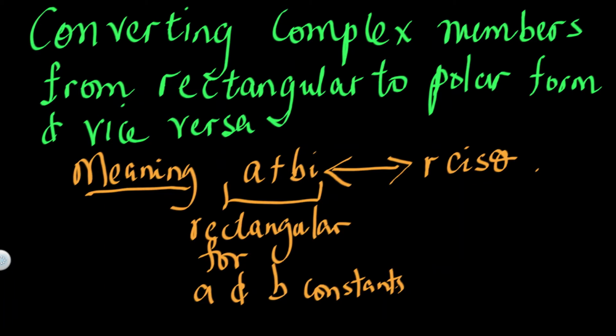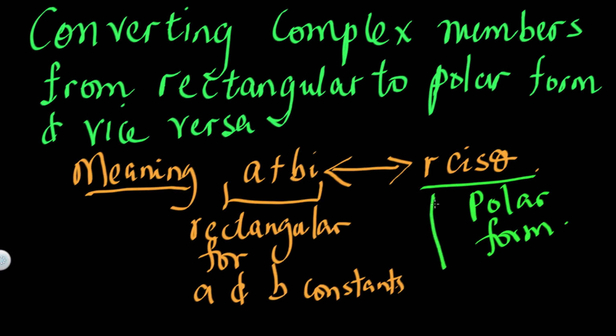On the right hand side here, I have what we call the polar form. There are different versions of expressing the polar form, and I'm going to mention them later on. In the polar form, you have R, and R is called the modulus of the complex number. And theta is called the argument.